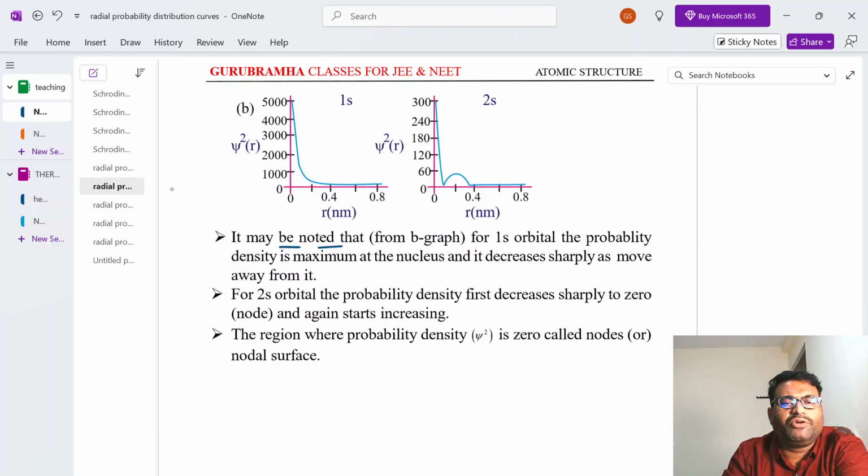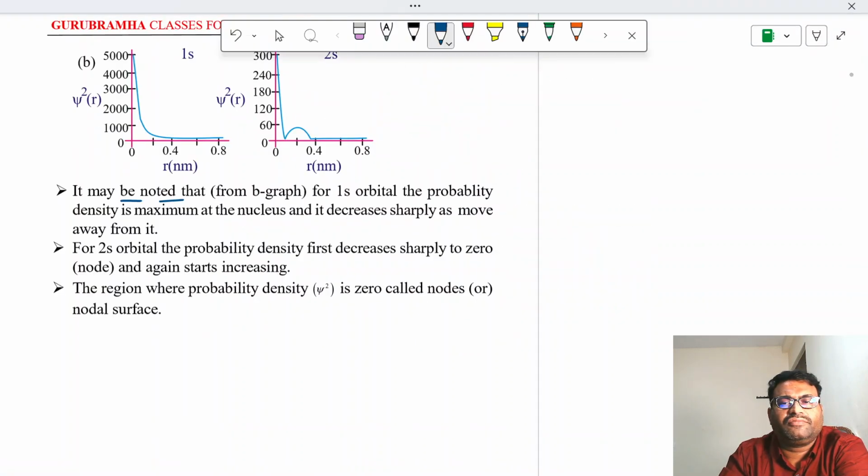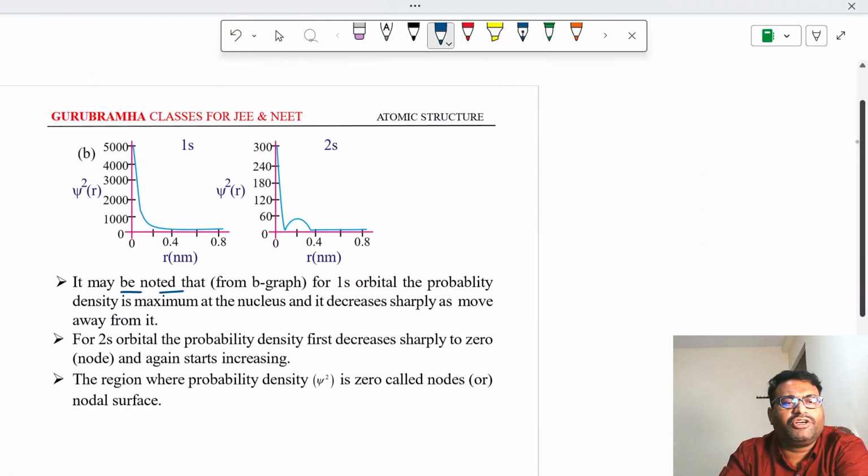It may be noted that in graph B, for the 1s orbital, the probability density is maximum at the nucleus, close to the nucleus, and it decreases sharply as we move away. For the 2s orbital, the probability density first decreases sharply.